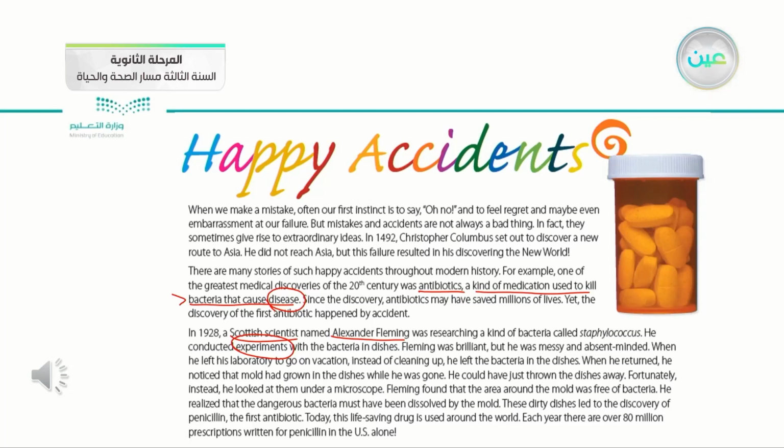After that, we have other words like prescriptions. The word prescriptions means what the doctor writes for you, the medicines the doctor writes for you so you can get them from the pharmacy and so on.